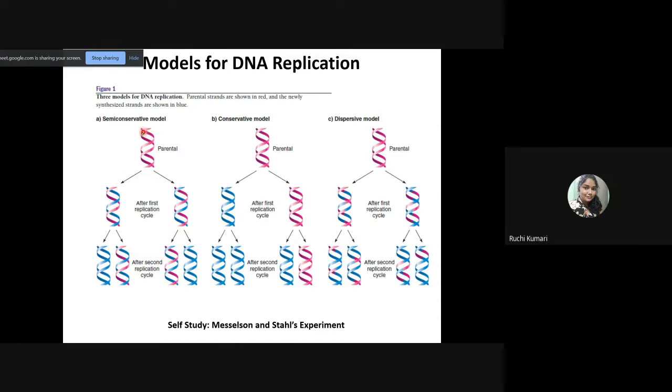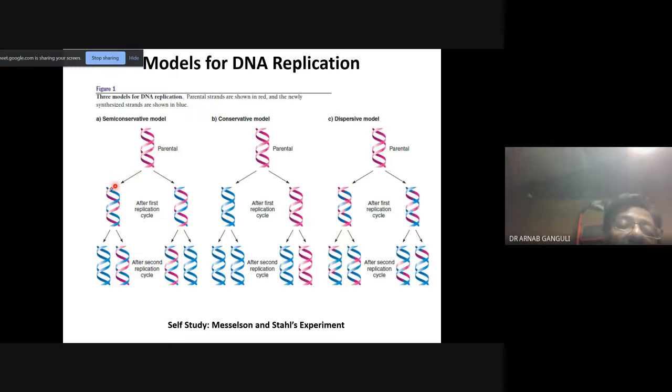This pink strand, one strand comes over here, and this blue is the new strand of the first replication cycle, complementary to the first strand. In the second cycle, this also separates. This blue gives another blue, and on this pink a new strand is formed. This is the second replication cycle. This is known as semi-conservative.